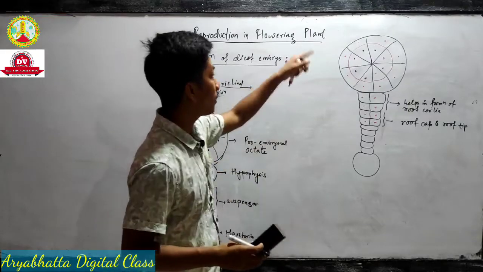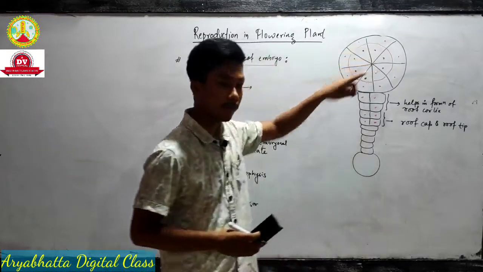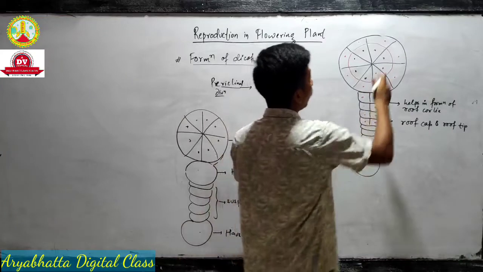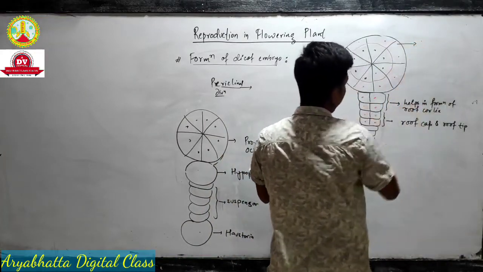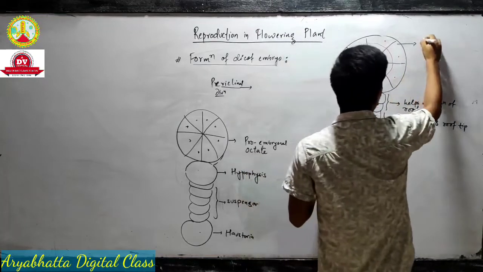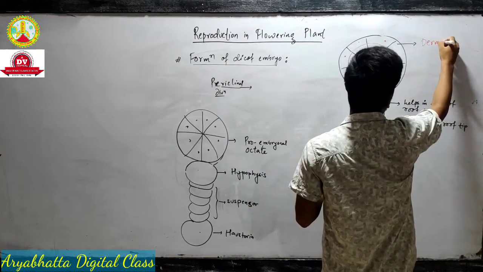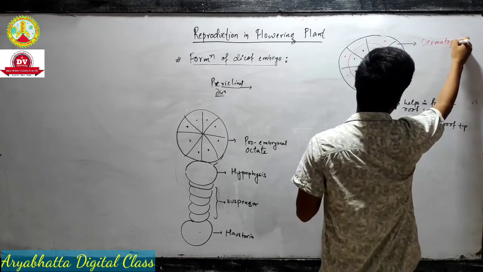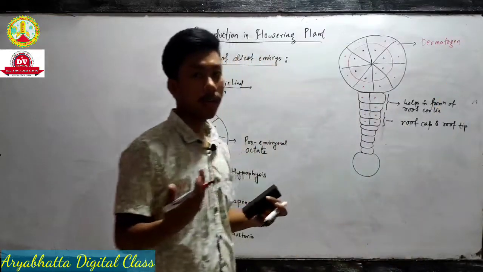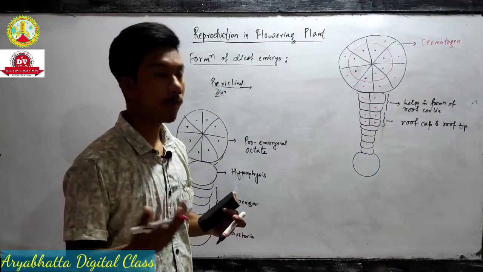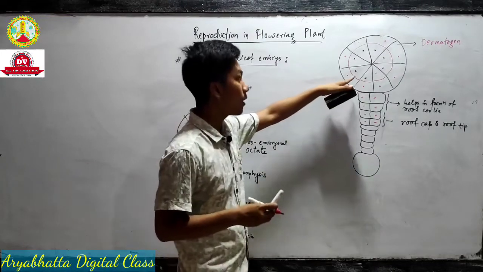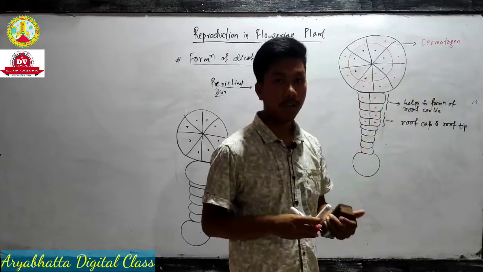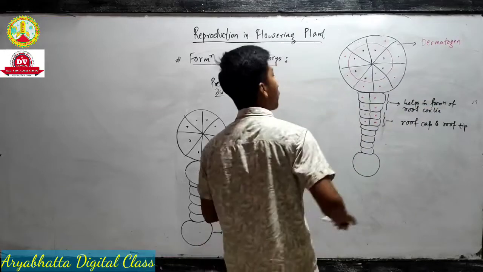Now what happened to that pro-embryo? The outer layer of the pro-embryo is known as dermatogen.